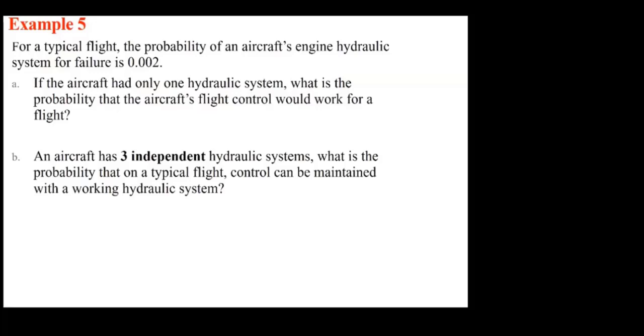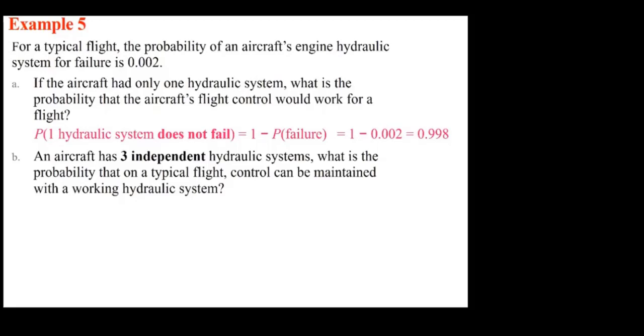If the aircraft had only one hydraulic system, what is the probability that the aircraft's flight control would work for a flight? This is the complementary event. It has a chance of 0.002 to fail. So 1 minus that would be the complementary event, and the chance of not failing is 99.8% or 0.998.